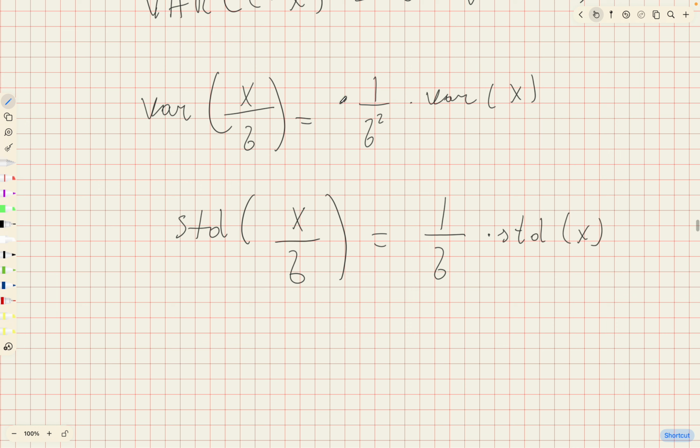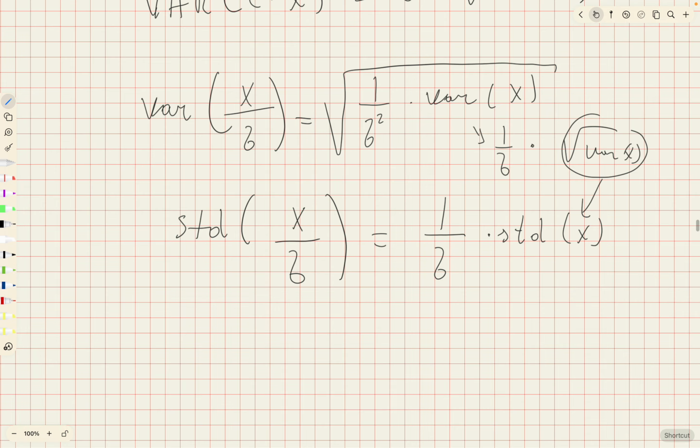Because when you take this here, you can write it as 1 over standard deviation multiplied by the square root of variance of x. This is basically the standard deviation of x.